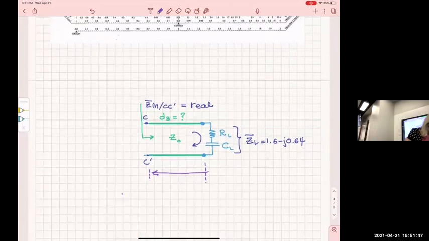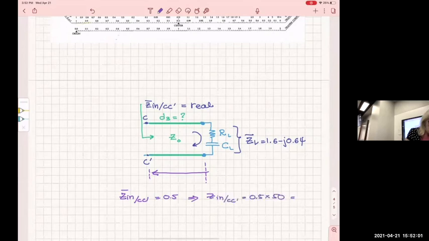Yes. So Z in at CC prime, if this is 0.5, that implies that Z in at CC prime will be 0.5 times 50, so it's 25 ohms.